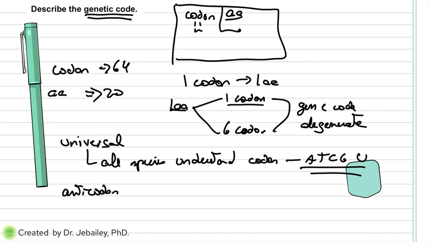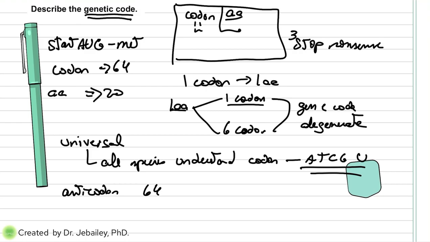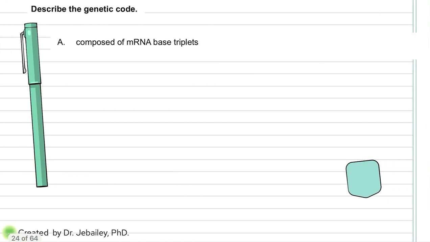We can say there are about 64 anticodons. We also can talk about the start codon, which is AUG, which is Met. And we can talk about having 3 stop codons, which are the nonsense codons. That means they don't code for any amino acid. So I have mentioned everything I can think of about the genetic code. Let's look at the process.